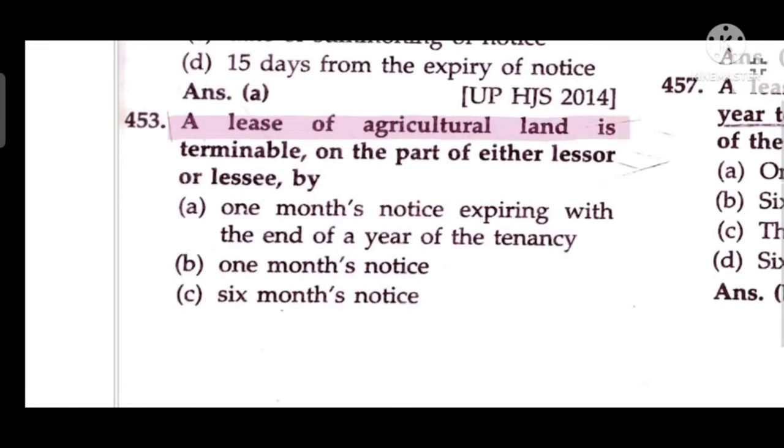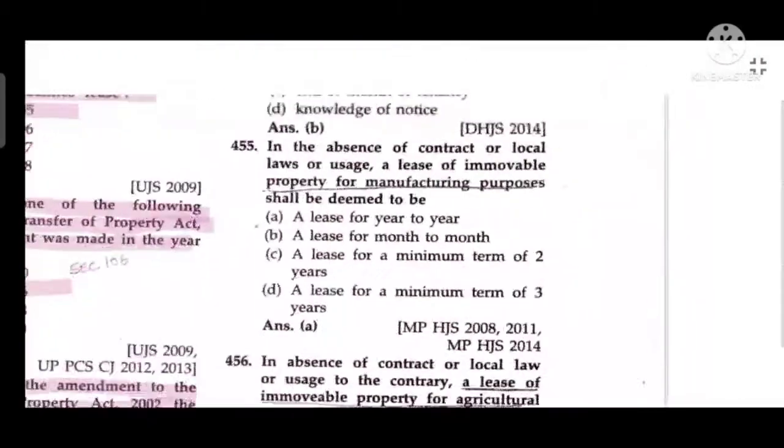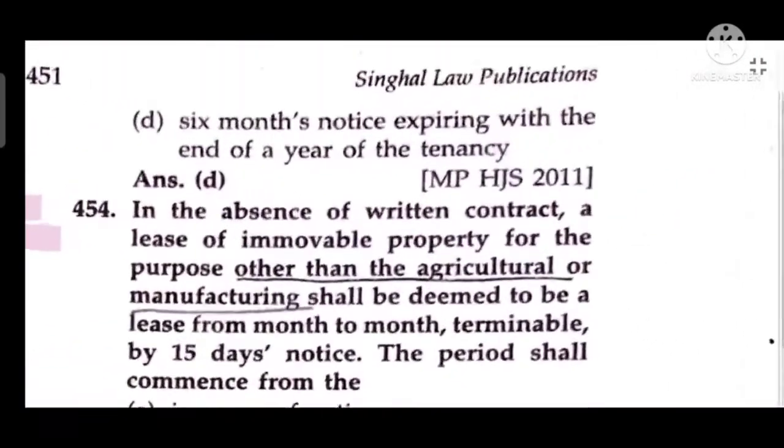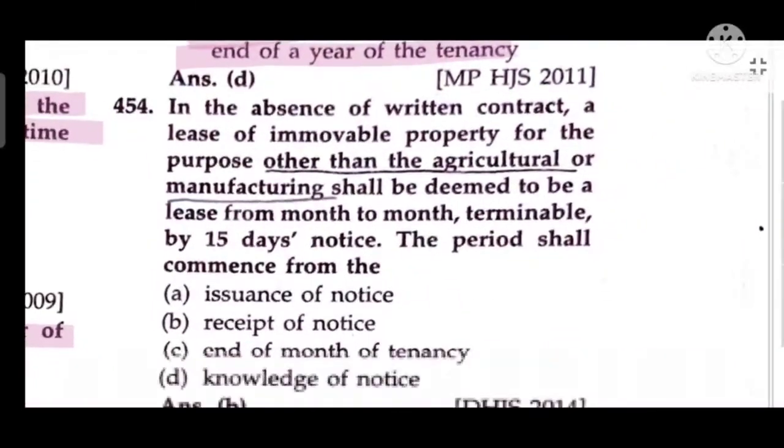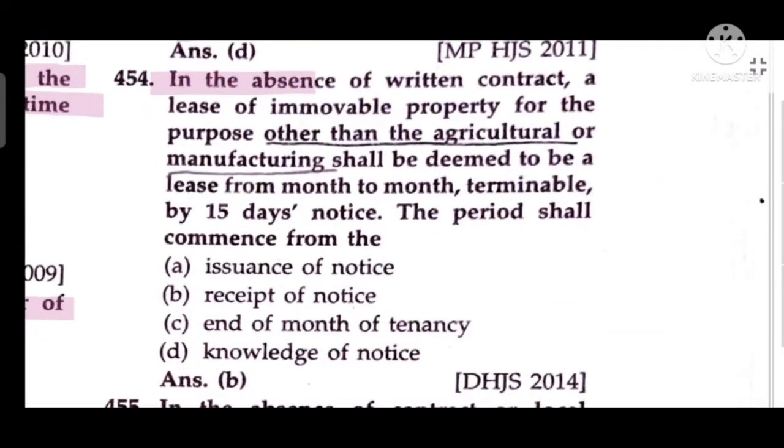A lease of agricultural land is terminable on the part of either lessor or lessee by 6 months' notice expiring at the end of the year of tenancy. In the absence of a written contract, a lease of immovable property for a purpose other than agriculture or manufacturing shall be deemed to be a lease from month to month, terminable by 15 days' notice.